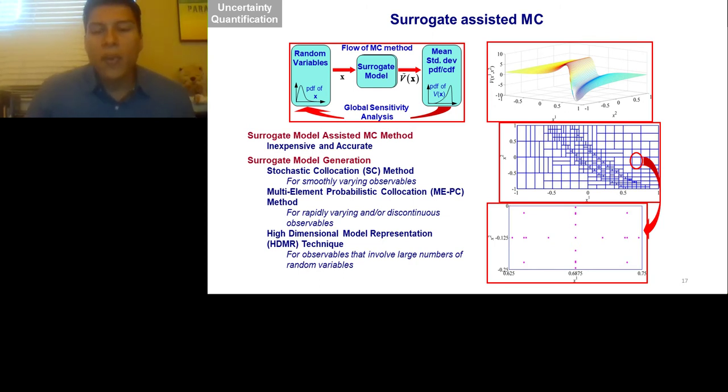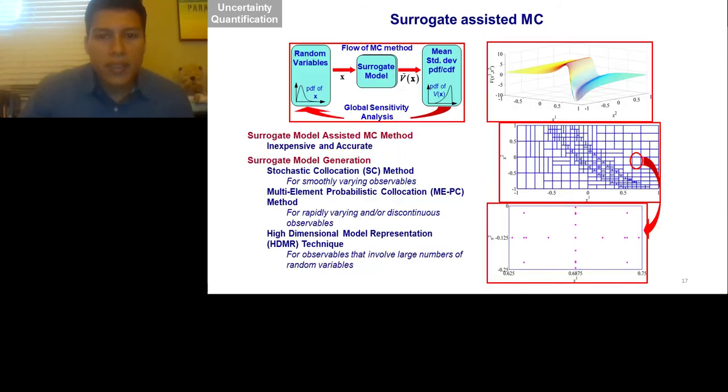And so whenever there's a rapidly varied function, what we use is what's called a multi-element probabilistic approach, which adaptively subdivides the random domain and introduces local polynomials in order to be able to capture these rapid variations while minimizing the number of simulator evaluations that are required.